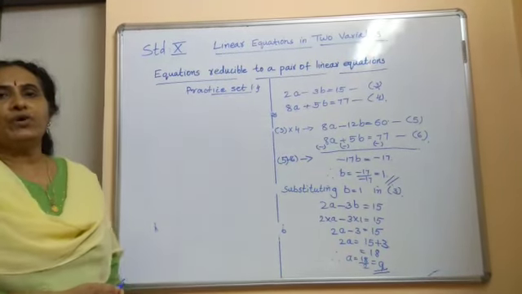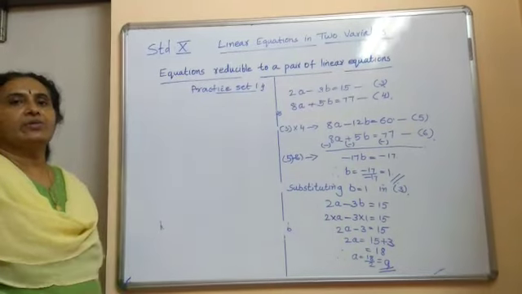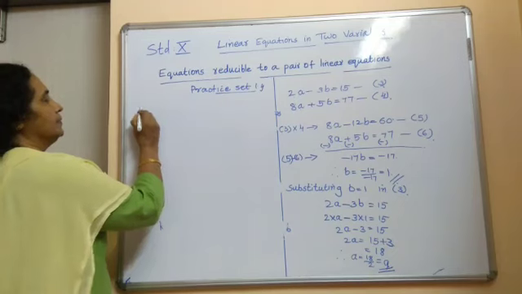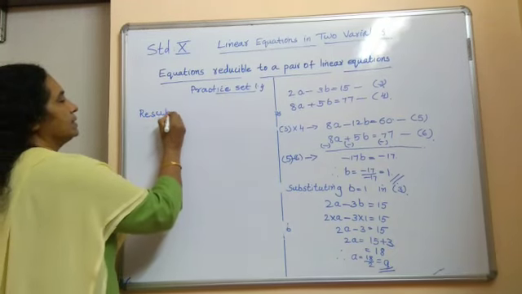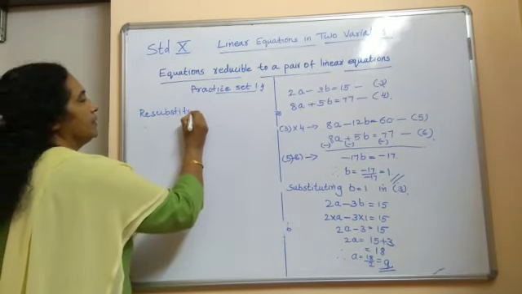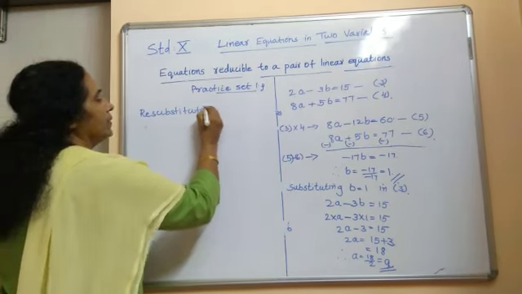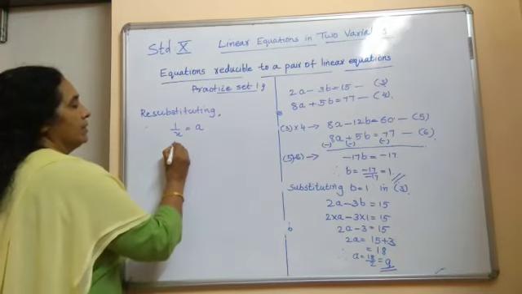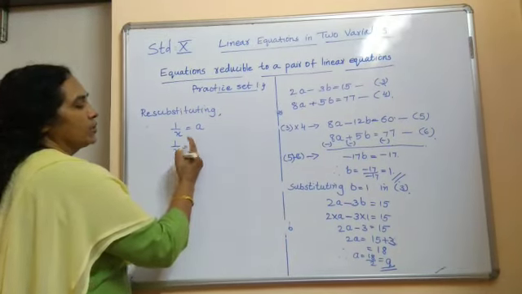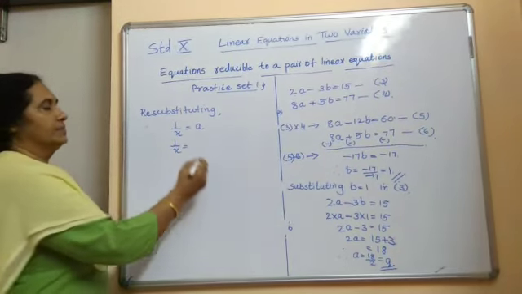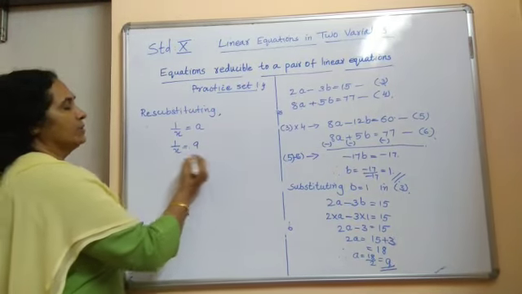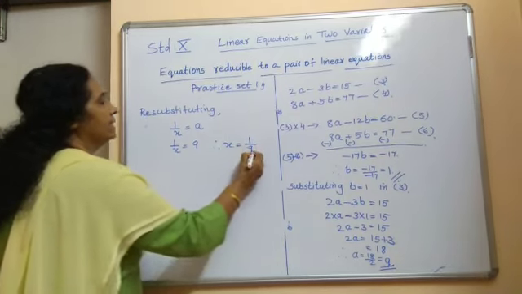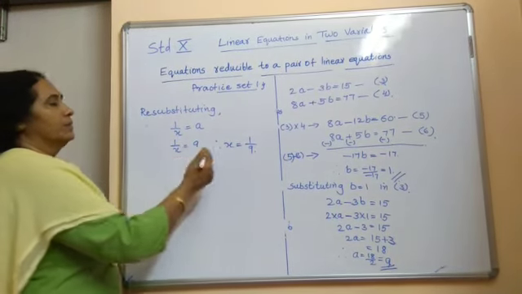But we have to solve for x and y, that is to find the values of x and y. Resubstituting 1 by x is equal to a. What is the value of a? 9. 1 by x is equal to 9. Therefore, x is equal to 1 upon 9, taking the reciprocal.